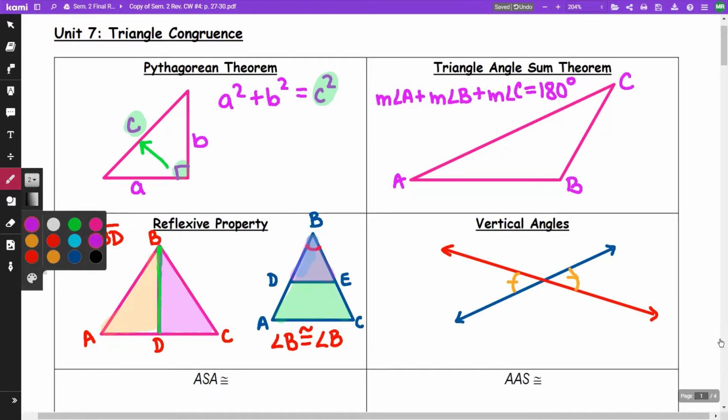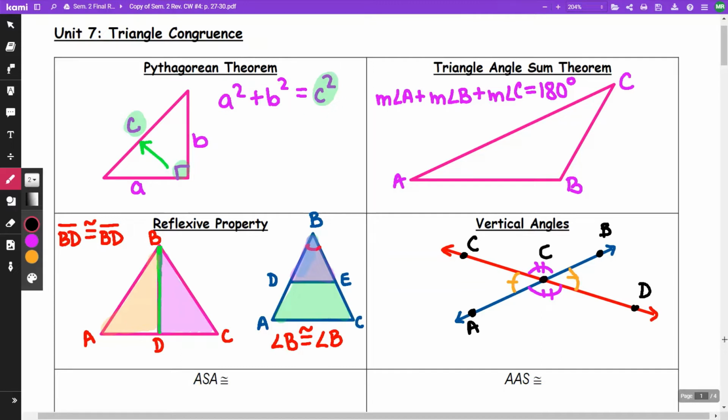Also, this angle here is going to be the same as this angle here. So if I was to label these, let's say that this is line segment AB, and let's say that this one is CD. And then at the center, let's call this point E.